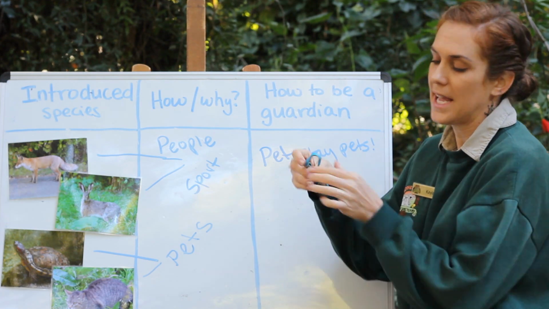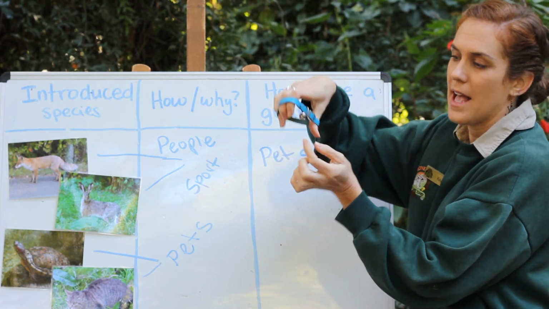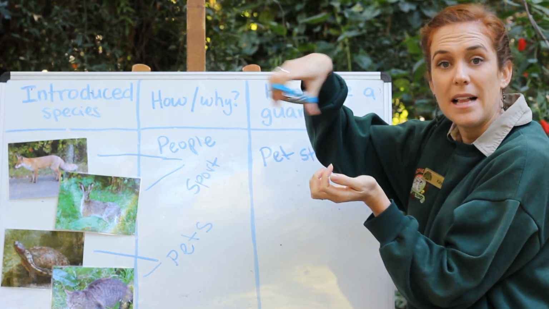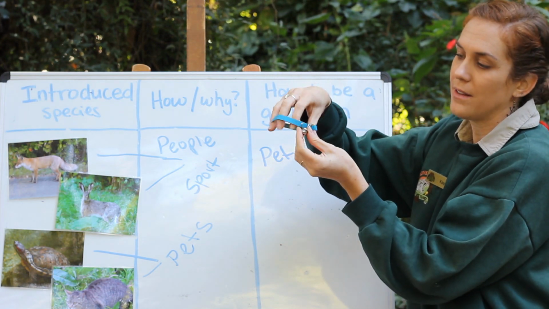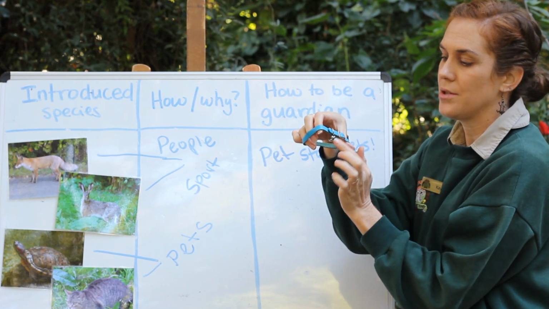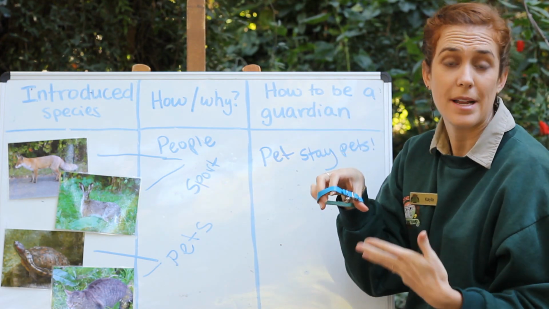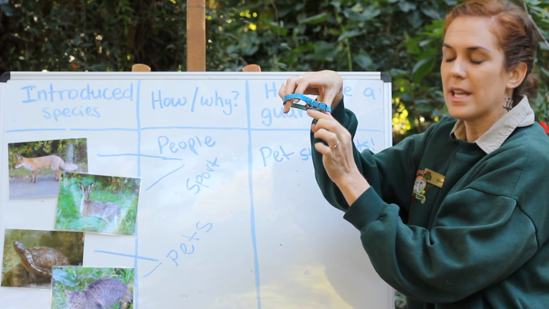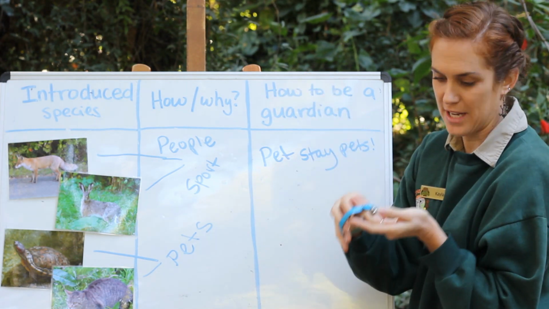And also, you can take a little collar for your pet cat and make sure that it has a little bell on it. Now this jangling bell will be a warning. So if the cat does try to sneak up on something like a bird in the garden, the bird will hear that bell and have a chance to fly away.